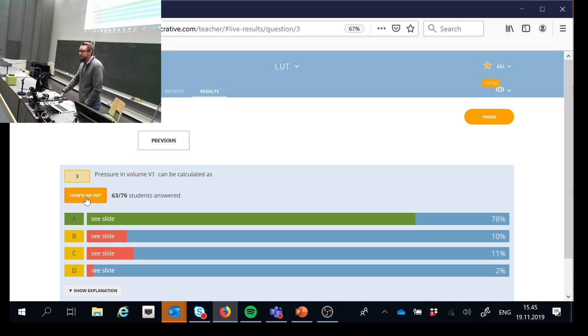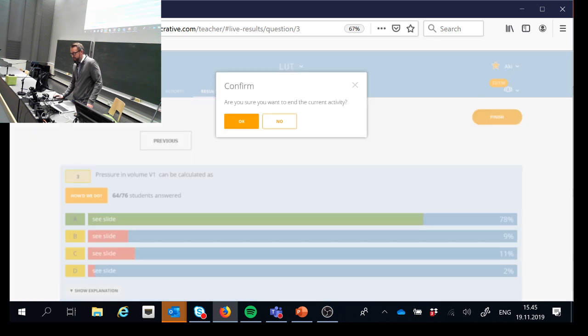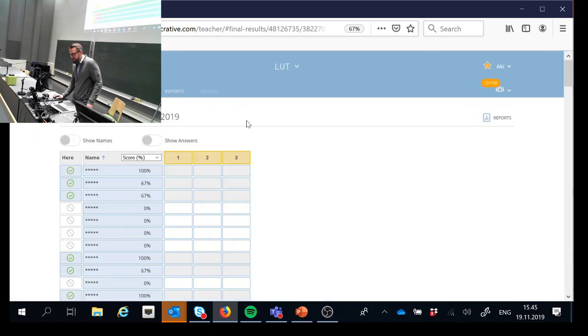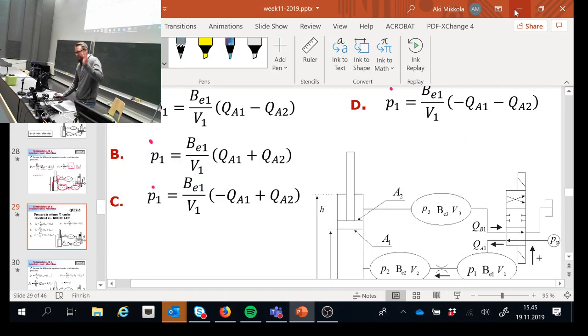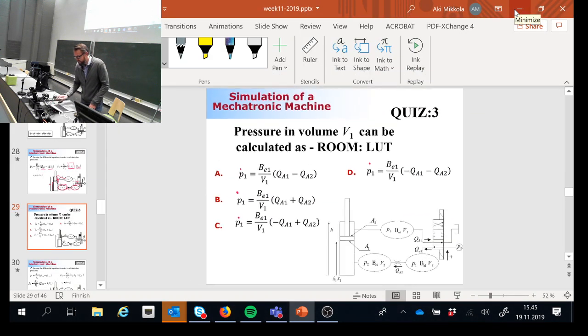So still 11% at C. Okay, but not that bad. Okay, but now it's changing again. So how can I close this? So what should I do? Finish. Okay, so no, I don't want to show this to you. Anyway, we'll get back to that a little later today.